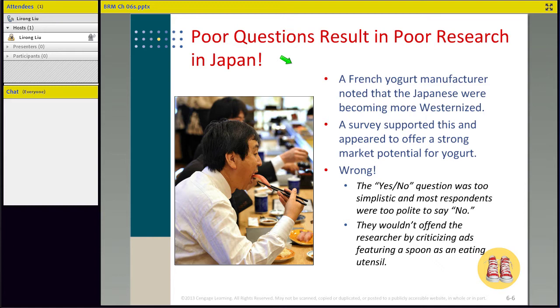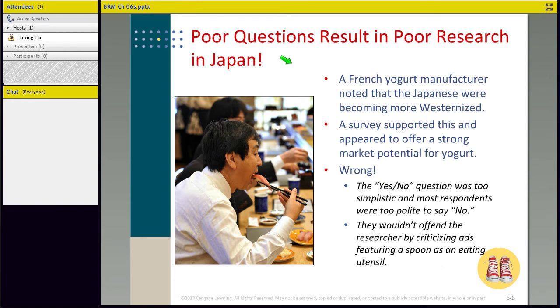So they decided to launch a campaign to introduce their yogurt, and they expected really high sales. They did conduct research into people in Japan, their preferences about yogurt, etc.